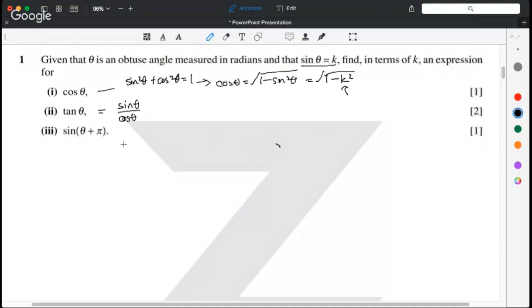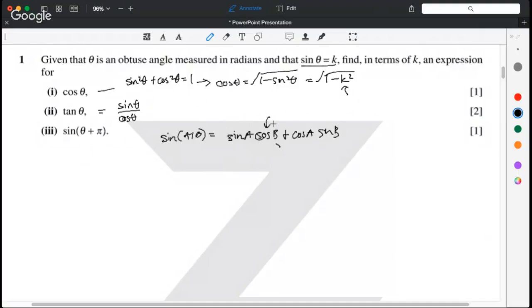This one, it's just a double angle formula. So if you go to the formula booklet, you'll see the one that looks like sine of A plus B is equal to sine A cosine B plus cosine A sine B. And then you notice that here A is theta, B is pi.